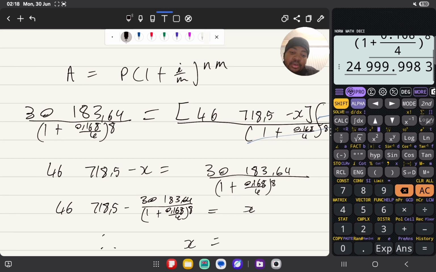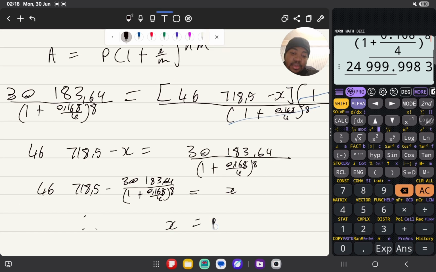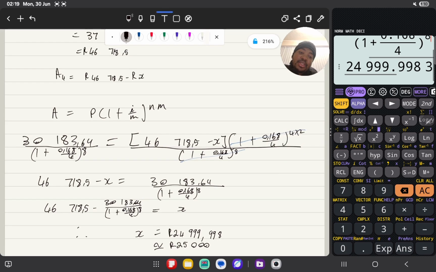So we get a value of 24,999.998, and you realize now when we round this off, it makes it 25,000. So 25,000 was the amount of money that was withdrawn from this account.